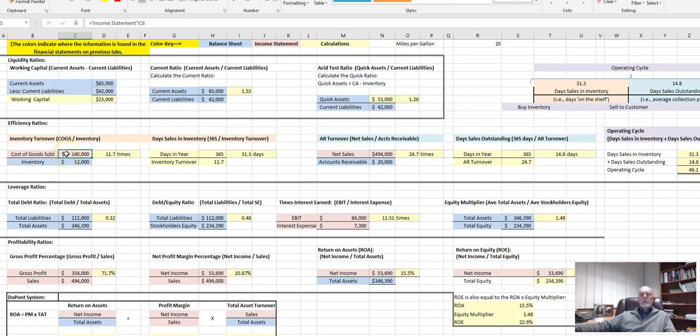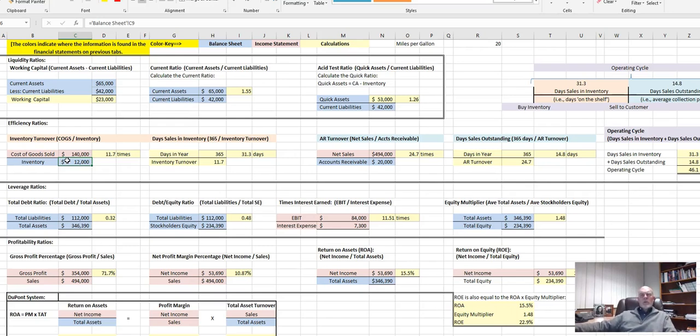The cost of goods sold is found on the income statement, representing the cost of the inventory that went out the door, and we divide that by the balance sheet number for inventory, which represents how much you have on hand.